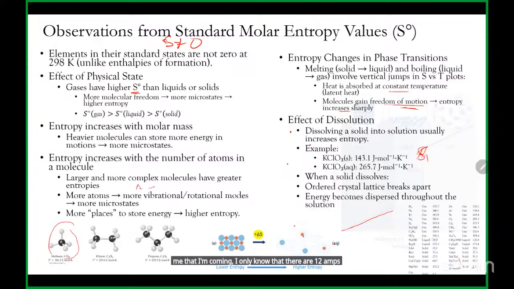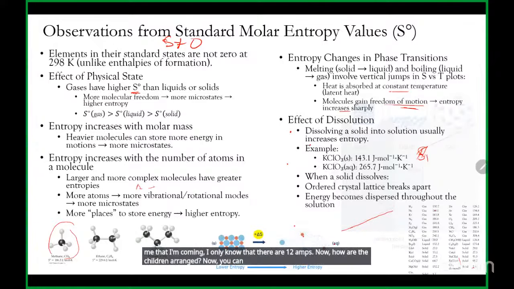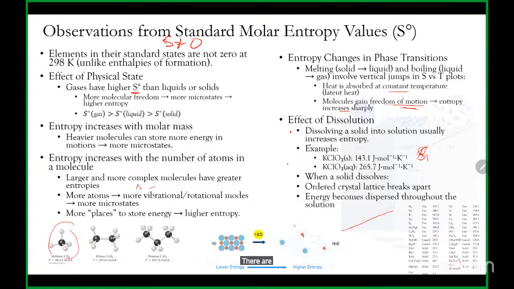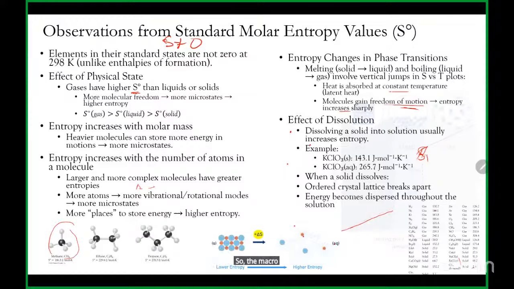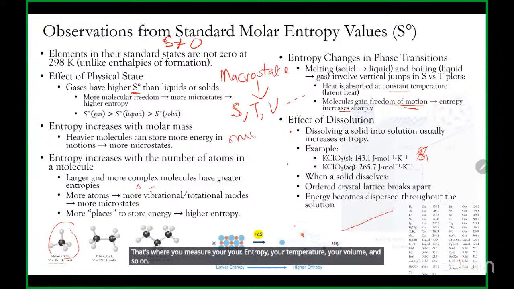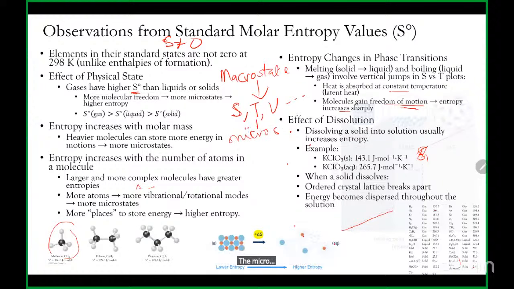Now, how are the children arranged? You can link that to microstates. The only thing that I know is that there are 1,200 students in GSS2. How they are arranged, that's when you're talking about the microstates. The macrostates, the macroscopic observation, that's where you measure your entropy, your temperature, your volume, and so on. The micro is the one that leads to them.